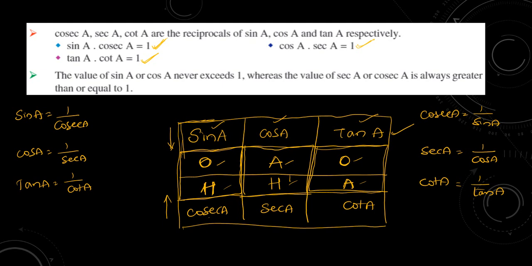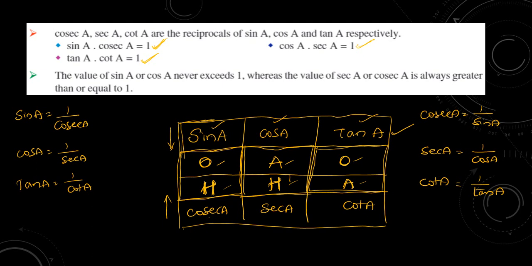If you observe sin A and cos A, their denominators contain the hypotenuse, right? And already we have discussed that in a triangle the hypotenuse is the longest side. Since the hypotenuse is the longest side, the denominator will always be greater than the numerator. Since the denominator is greater than the numerator, we call it a proper fraction.